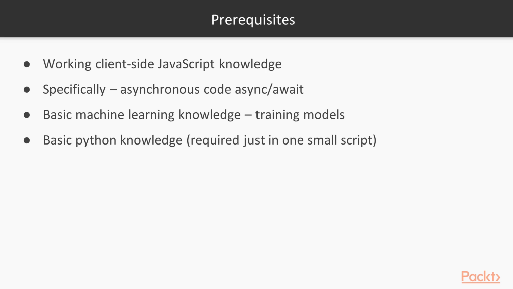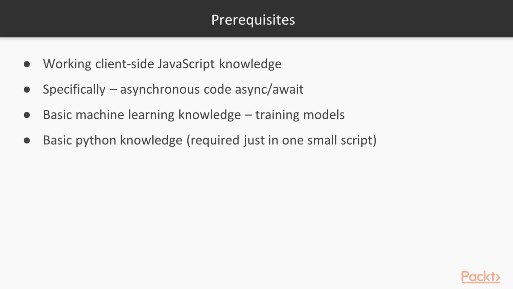Then one of the prerequisites, which is kind of weird for this type of course, is basic Python knowledge. This is simply because of the challenges with audio samples and working with JavaScript, starting with section 4. I couldn't find a good enough JavaScript tool to extract the characteristics of audio for our purposes, so I had to use a very small Python script to do that.